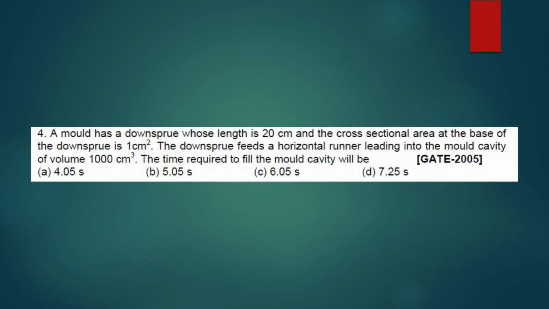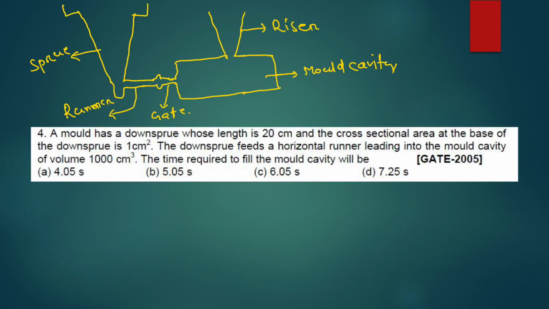So the data given are: from this point to this point, length is 20 centimeter. Let it be point 1 and here point 2.